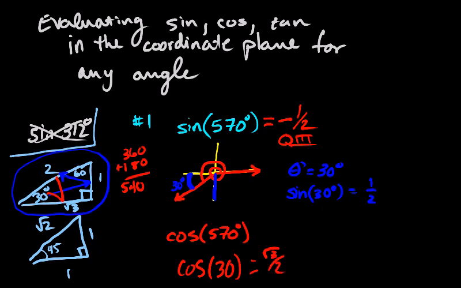Since the cosine is negative in the third quadrant also, because it relates to the x values, I'm highlighting it here on that coordinate plane, this would be negative square root of 3 over 2. And that's how you would evaluate the sine and cosine of 570 degrees.